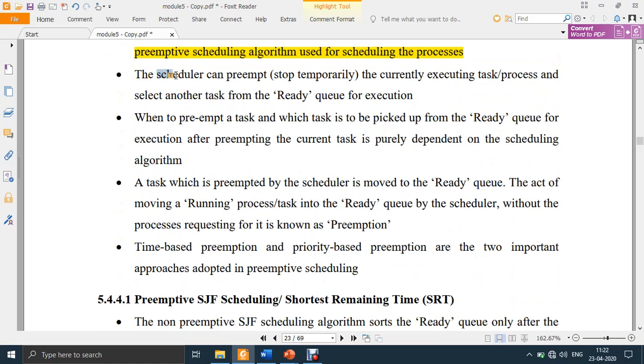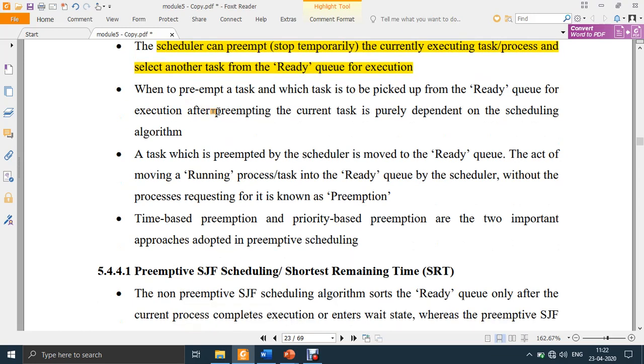Next, the scheduler can preempt, that is, temporarily stop the currently executing task and select another task from the ready queue for execution. At any given point of time, you can take away the CPU. When to preempt a task and which task is picked from the ready queue for execution is purely dependent on the algorithm.